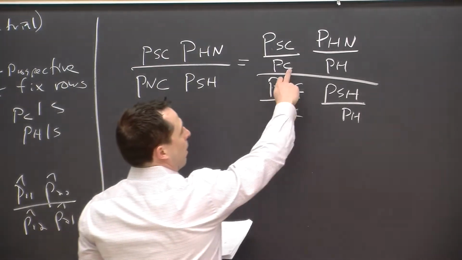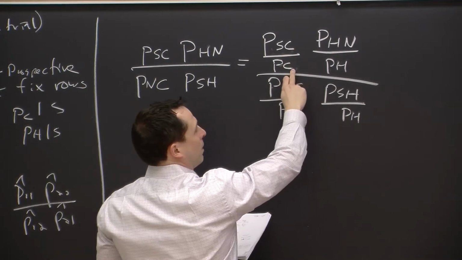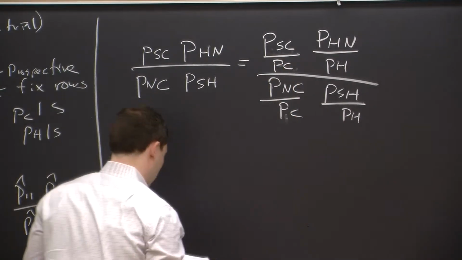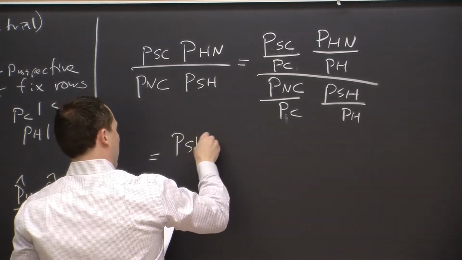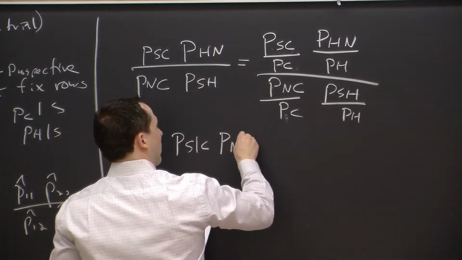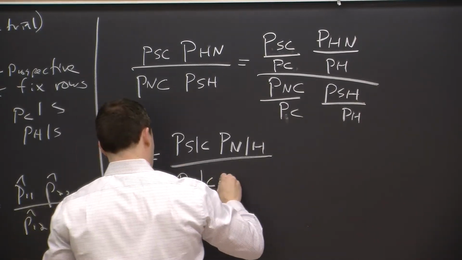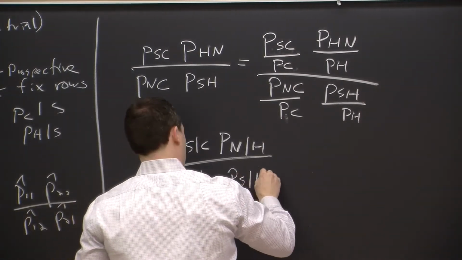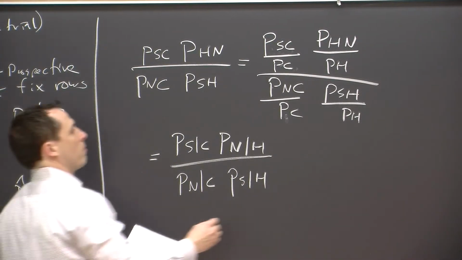But now these, by Bayes' rule, probability of smoking and cancer divided by probability of cancer is probability of smoking given cancer. So I can rewrite that as probability of S given C, probability of N given H, over probability of N given C, probability of S given H, right? Just by Bayes' rule.